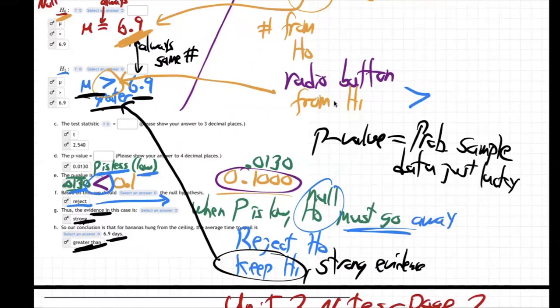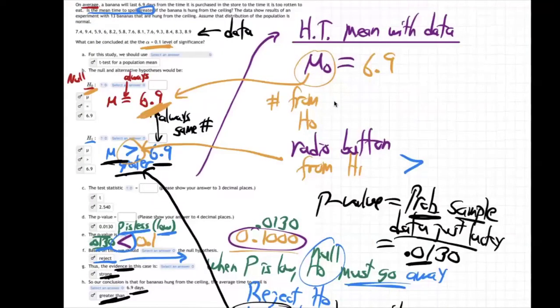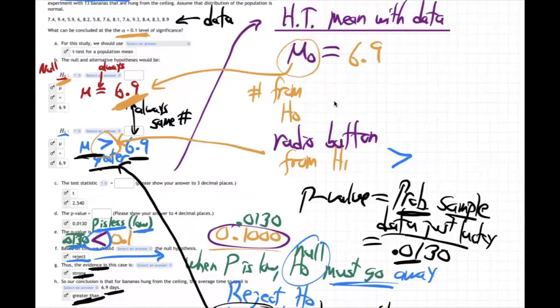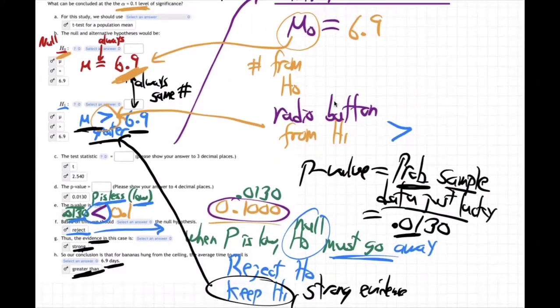Well, no. The p-value came out 0.130. That's low. That's a 1% chance of luck. That's pretty low. We're like, no, there's a low chance that all those bananas came out lasting that much longer. There's a low chance we got that lucky. So we don't believe it was luck. We really believe those bananas do last longer. We believe the evidence that they last longer when they're hung from the ceiling. And so there we go.